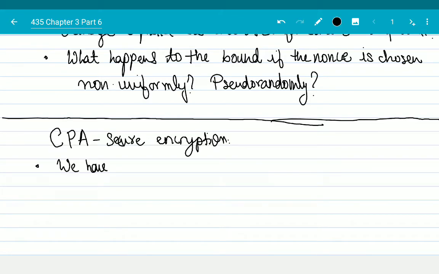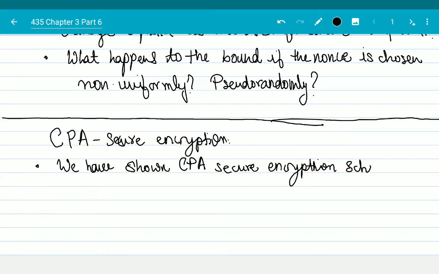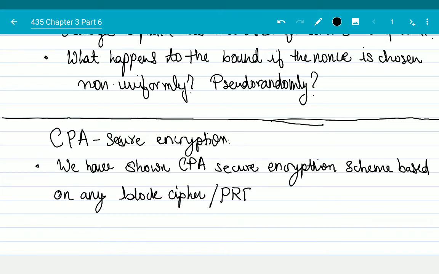We have shown a CPA secure encryption scheme based on any block cipher with a pseudo-random function, right?